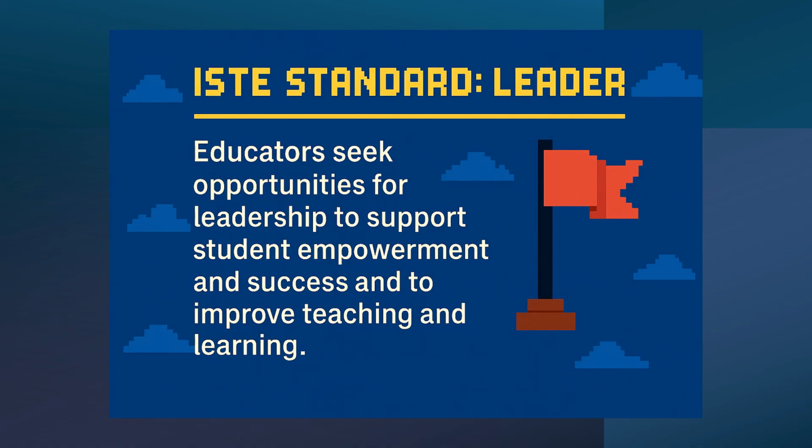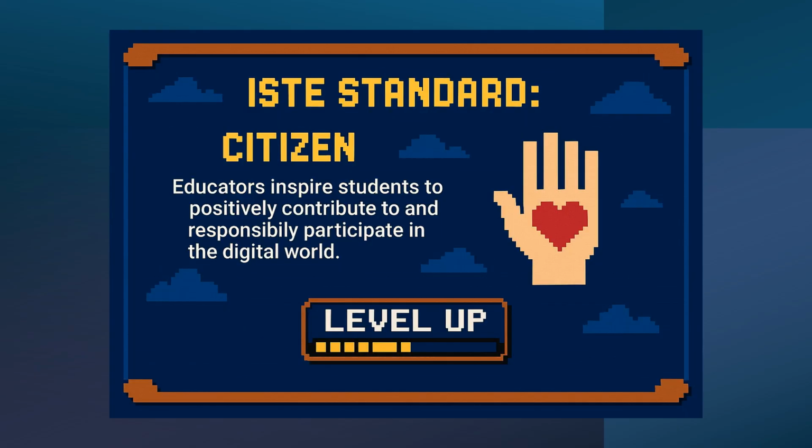Leader is where the educators seek opportunities for leadership to support student empowerment and success and to improve teaching and learning. Citizen. Educators inspire students to positively contribute to and responsibly participate in the digital world.